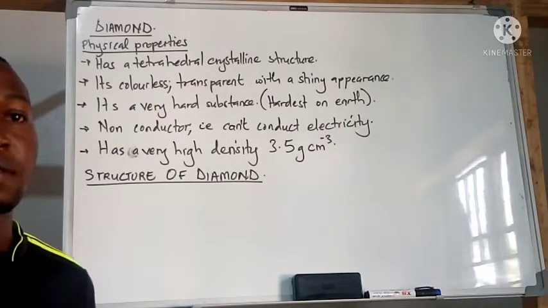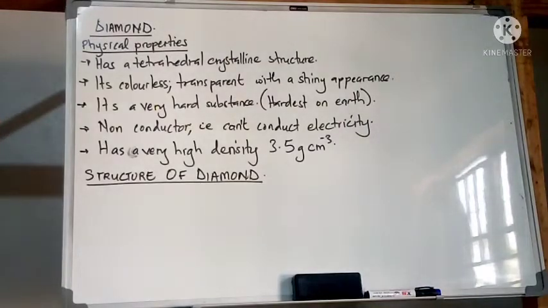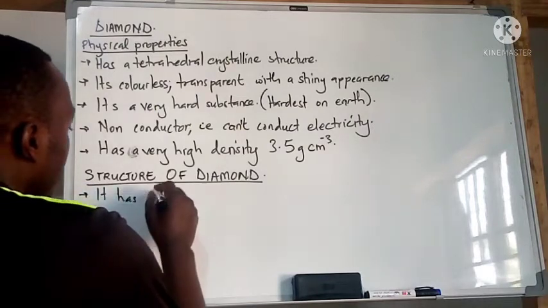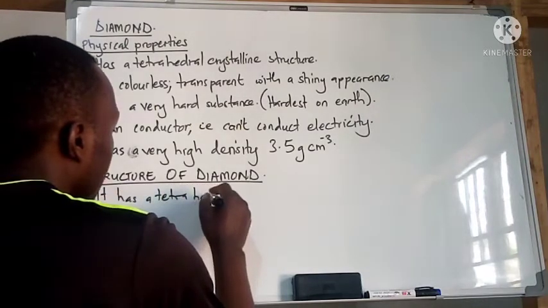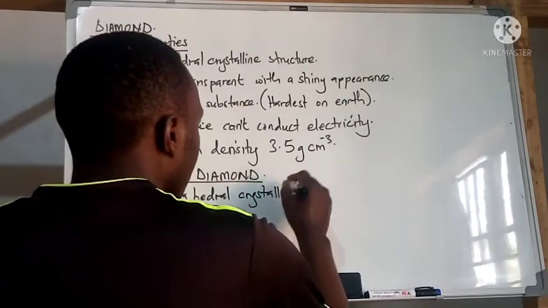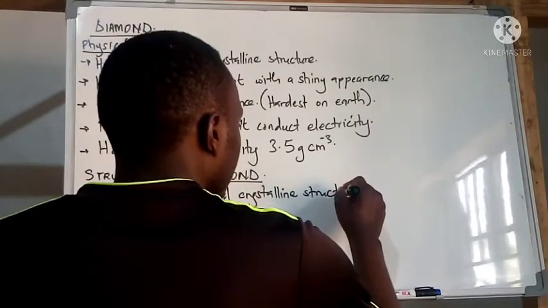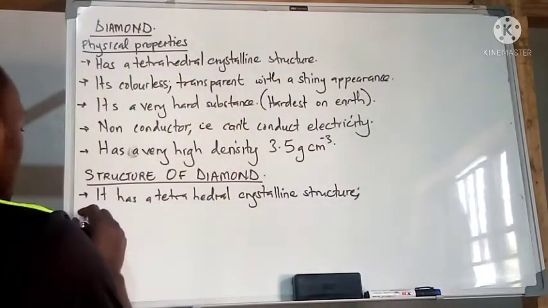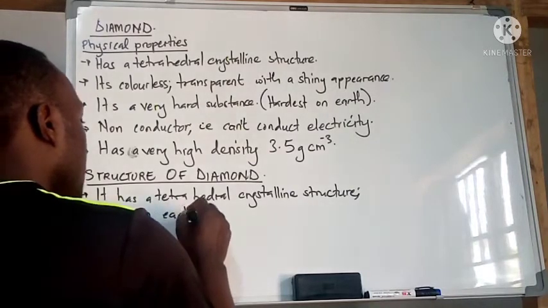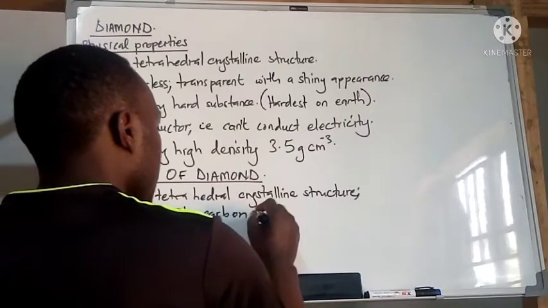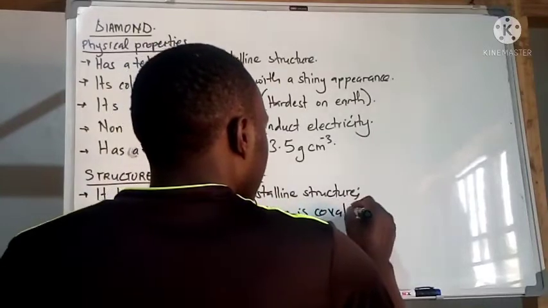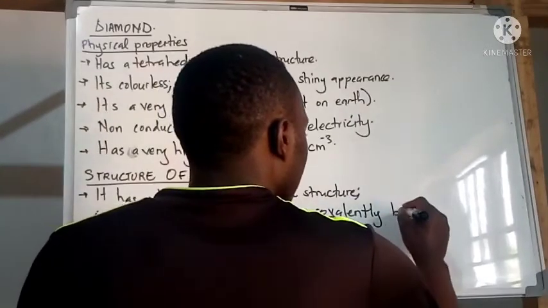So the structure of diamond is a tetrahedral crystalline structure in which each carbon atom is covalently bonded.